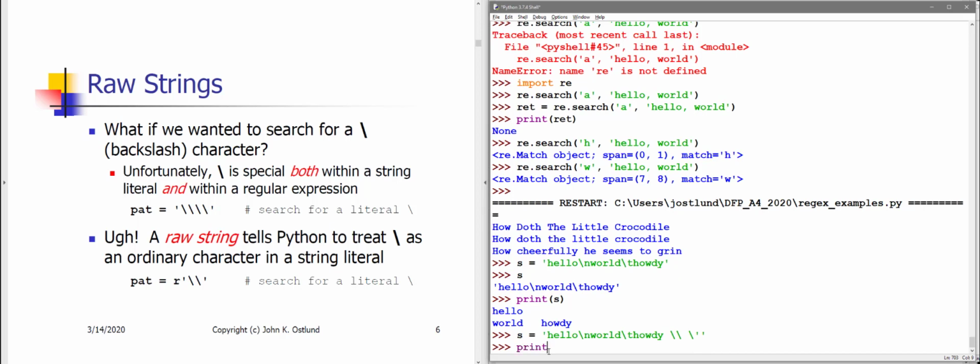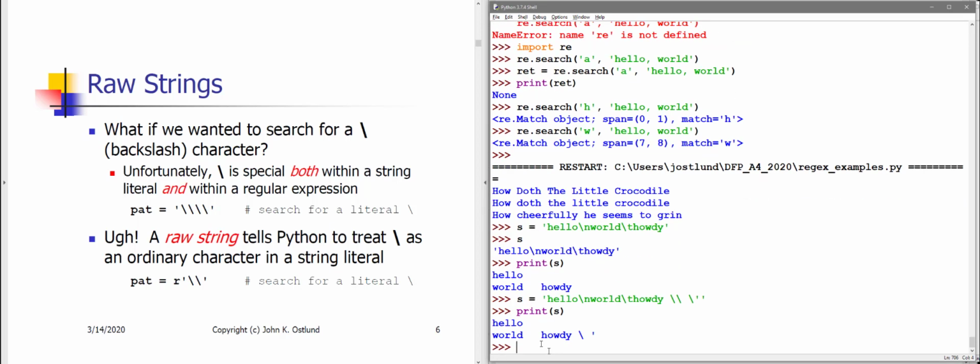So now if I print s, I get hello, new line, world, tab, howdy, space, backslash, space, single quote. And so \n is newline, \t is horizontal tab, \\ is a backslash, and \' is a single quote.